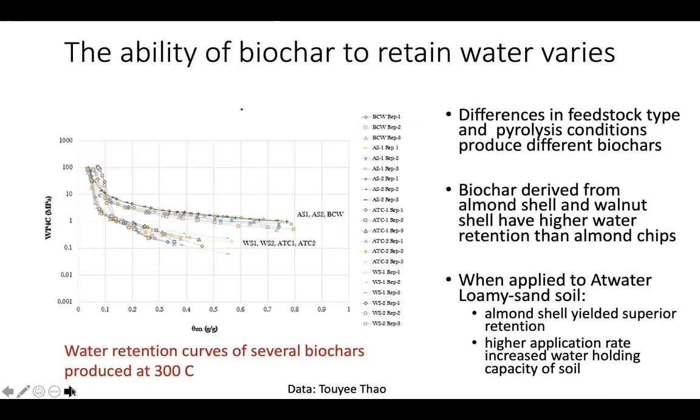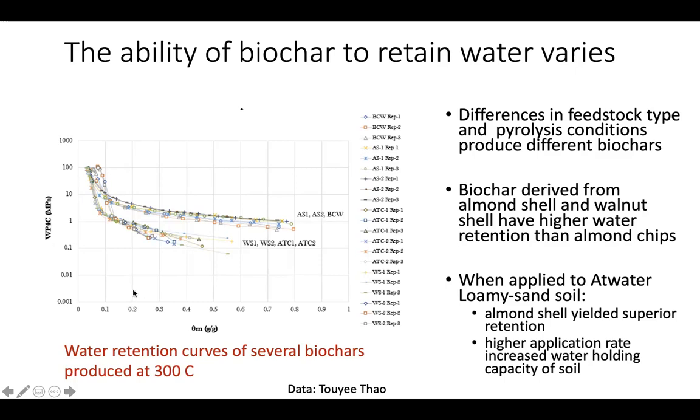I don't have a lot of data from that project to share yet, but I do want to say that the field experiment uses one kind of biochar, but we are also doing a whole host of experiments in the lab and future field experiments to look at different kinds of biochar. Biochar can behave differently depending on the feedstock that it's created from and the pyrolysis conditions.